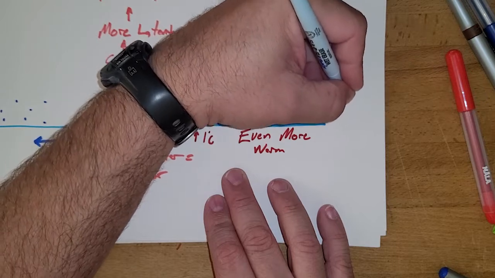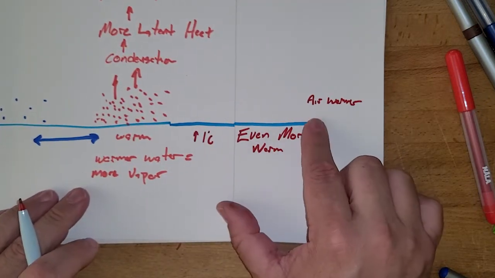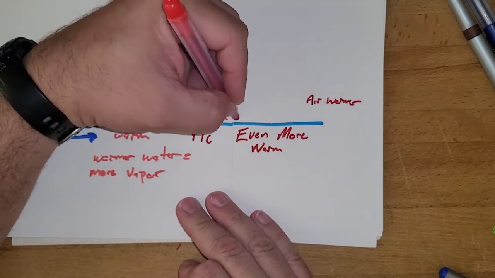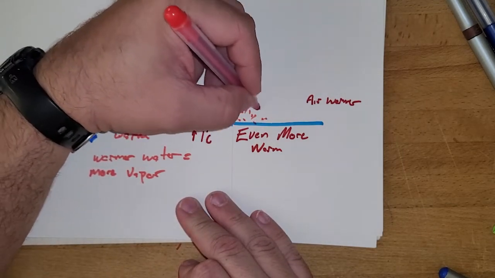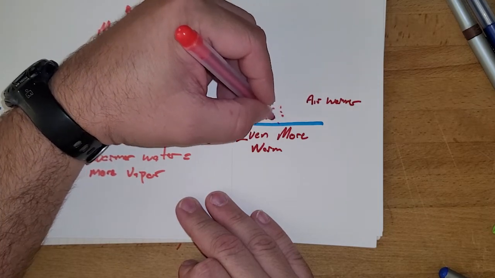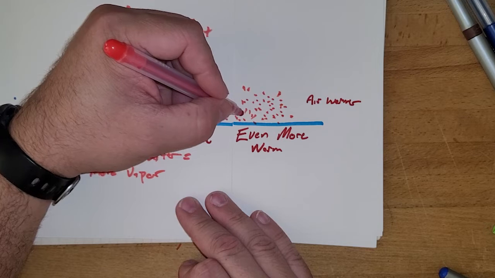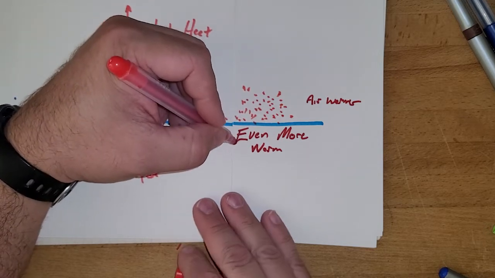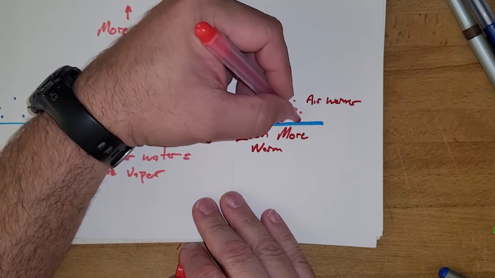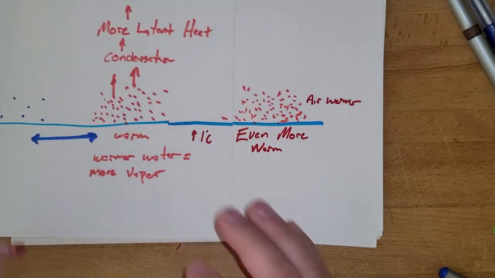Warm air can hold even more water vapor. So now when we draw our little water vapor, it's going to be even more humid. The specific humidity is going to be even higher because we've got even more evaporation coming off of this even warmer water, and the air is perhaps a little bit warmer. That means we've got even greater holding capacity.